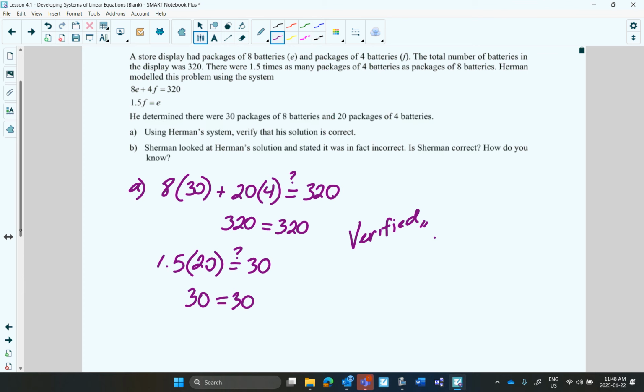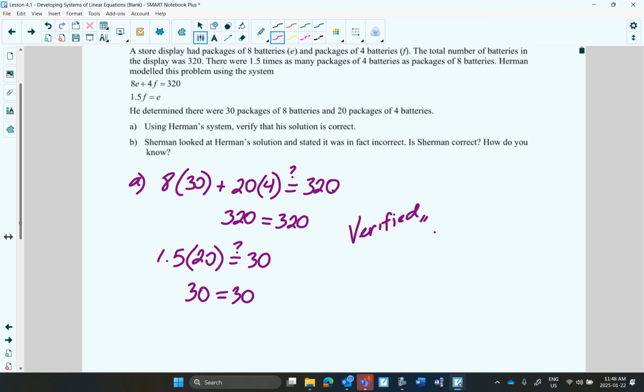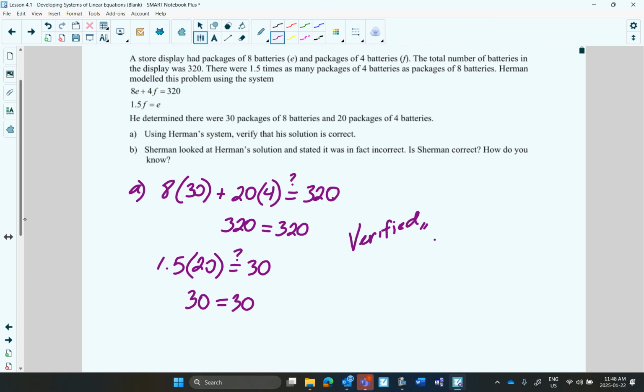Think about Herman's solution. It seems like this is okay for his equation, but it's that second one. There were 1.5 times as many 4s as 8s.